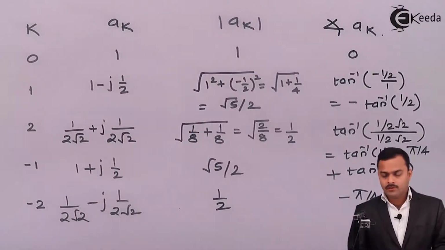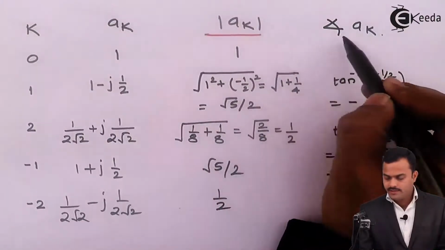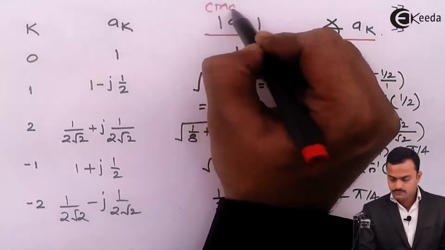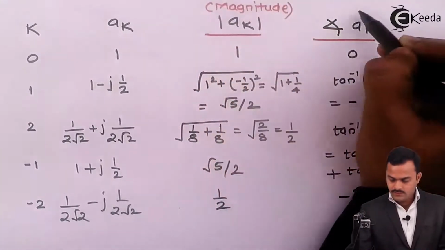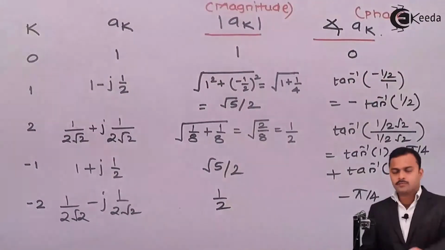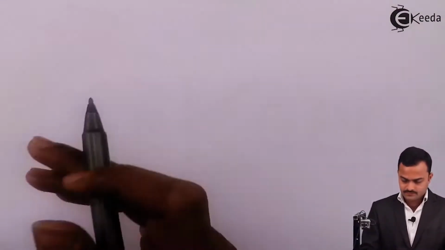Now this particular table we obtained, we are interested in AK, mod AK and angle AK, which we call as a magnitude, and this we call as a phase. So magnitude plot of a Fourier series coefficient will be like this.